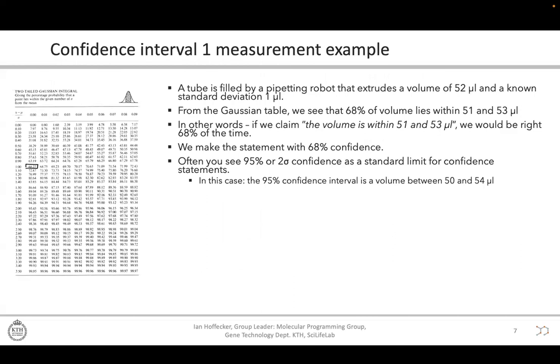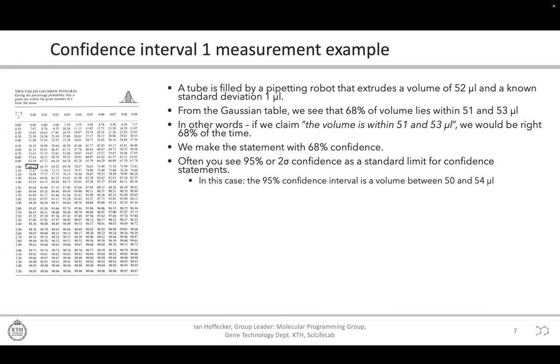So let's give an example here for a confidence interval. We have a tube filled by a pipetting robot, and this is extruding a volume of 52 microliters. And we have a known precision, a known standard deviation of 1 microliter. So if we look up in the Gaussian table, we see that 68% of the volume lies within 51 and 53 microliters.